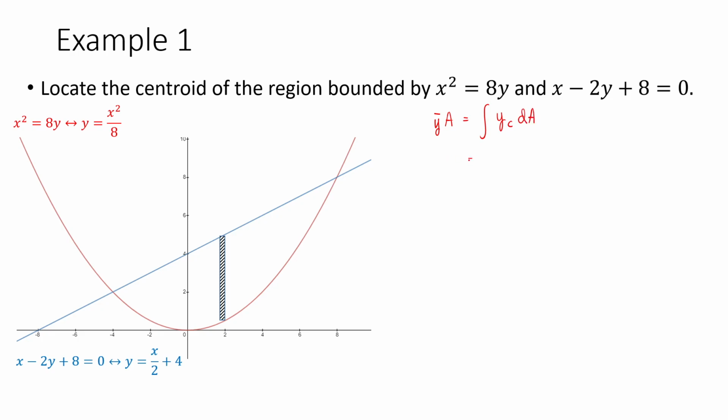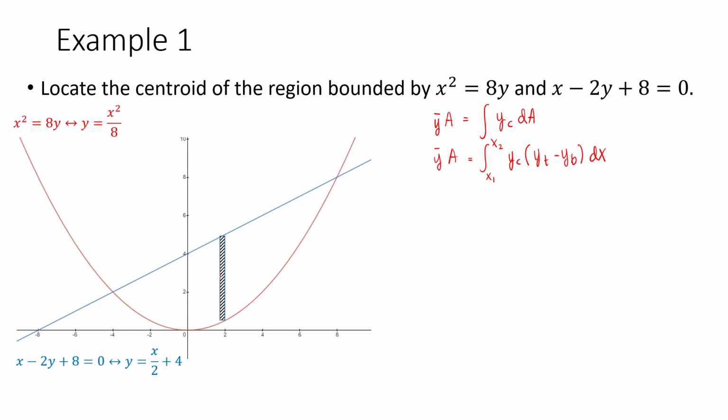Again, our strip is vertical, so we translate this formula into: from x1 to x2, y sub c, and then the differential area is y top minus y bottom dx. Okay, since we already know that our y top is the blue graph and the y bottom is the red graph, what's left to determine is your y sub c.